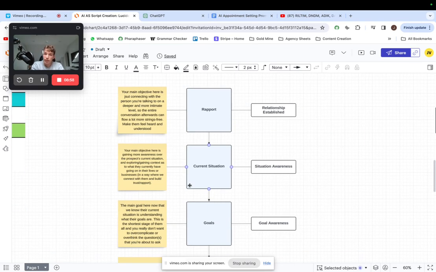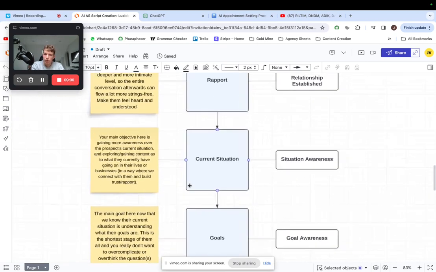And after that, you move on to the current situation, which means you're asking what their current situation is, what they have going on. For example, what kind of job they work, how much they make, and what they have going on in their life, because you also want to see whether they can be capable of achieving the results in the program.